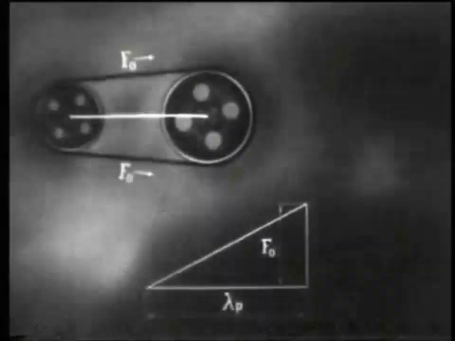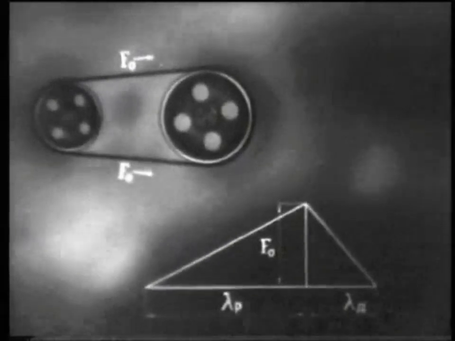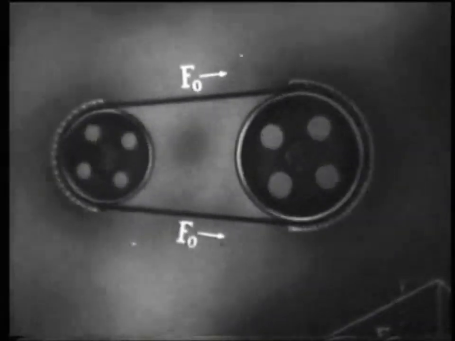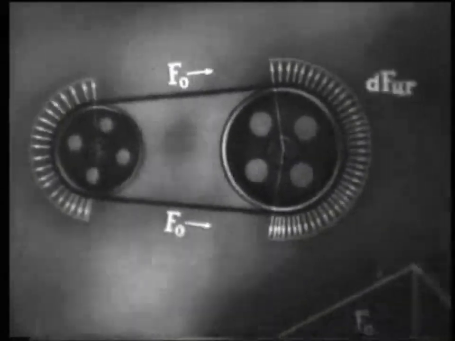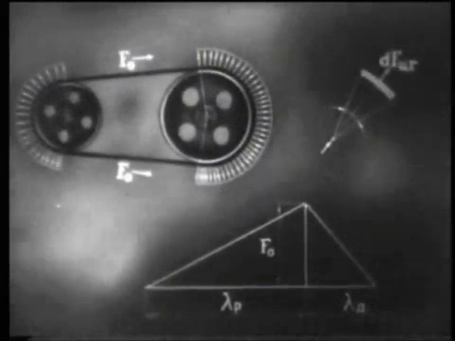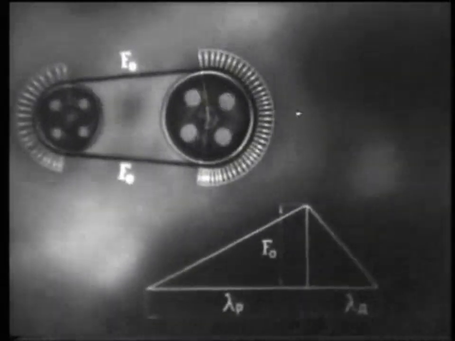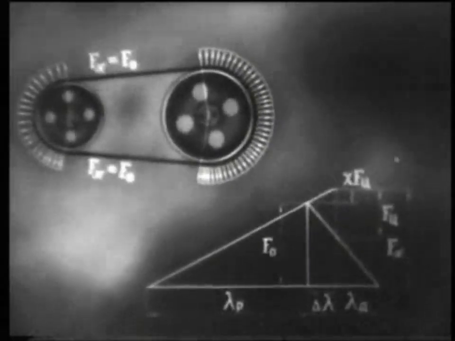Centrifugal forces arise in the belt during the running of the pulleys, creating additional tension Fc. Under its action, the belt tension at idle increases and the belt lengthens.